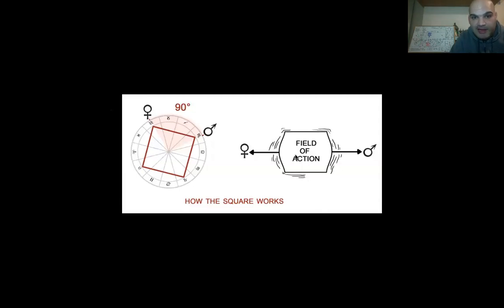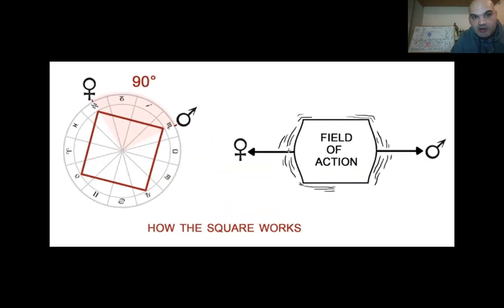And I'll explain why now, actually. If 2 planets are squaring each other, they will ultimately be of the same modality, because you can see in this diagram here, you have Venus in Aquarius, which is a fixed sign, and then you have Mars in Scorpio, which is also a fixed sign.